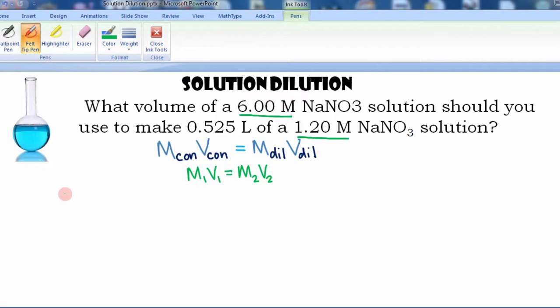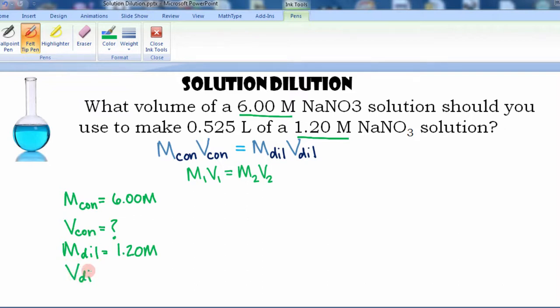So M of the concentrated solution is 6.00 molar. Okay, but it says what volume of that. So what volume of the concentrate we don't know. Now the molarity of the dilute is equal to 1.20 molar. The volume of the dilute is equal to 0.525 liters.